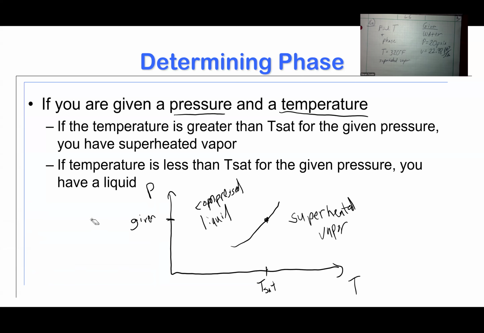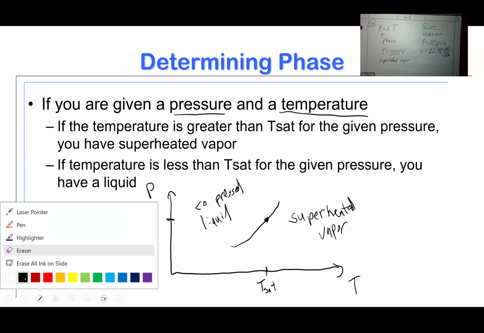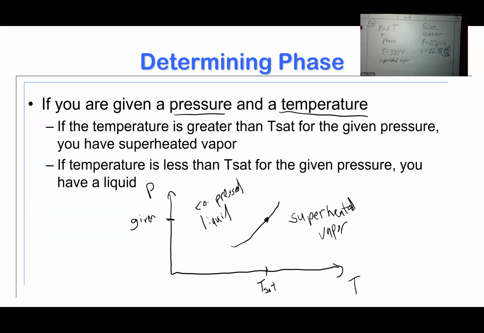A way you can think about that is water at 1 atmosphere. If I've got water at 1 atmosphere as my given pressure, the saturated temperature, the boiling temperature, is going to be 100 degrees C or 212 Fahrenheit.